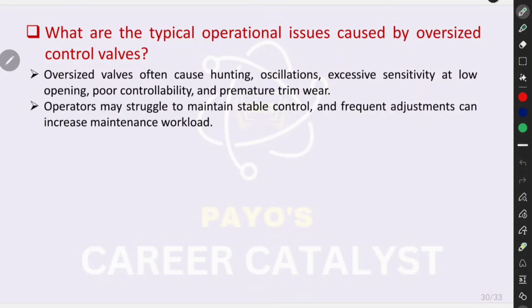What are the typical operational issues caused by oversized control valves? Oversized valves often cause hunting, oscillations, excessive sensitivity at low opening, poor controllability, and premature trim wear. Operators may struggle to maintain stable control, and frequent adjustments can increase maintenance workload.